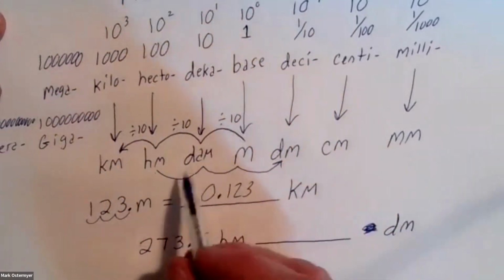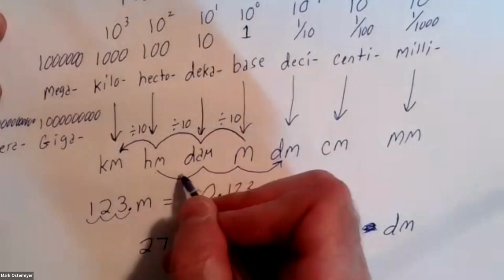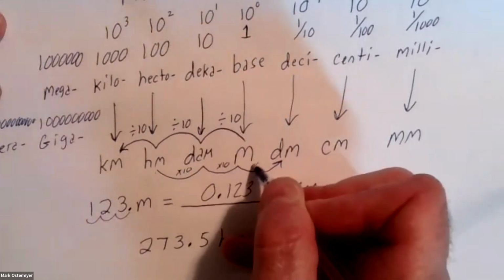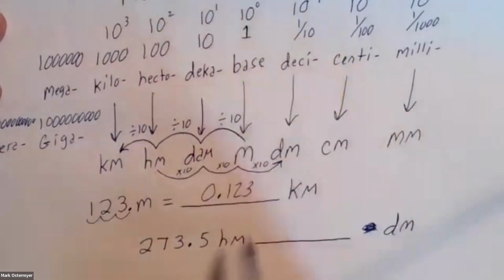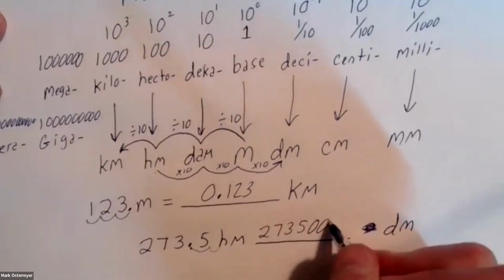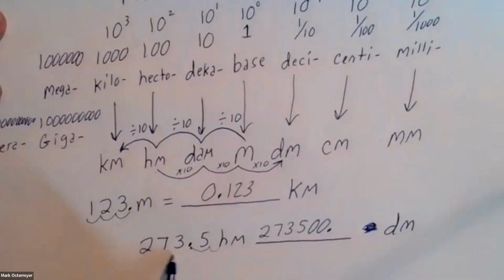That's equivalent to as if I multiply my hectometer measurement not by 10, not by 100, but by 1,000. That'll shift the decimal point 3 places to the right. 1, 2, 3. I got to add 2 zeros. 273,500. I just converted 273.5 hectometers into decimeters.